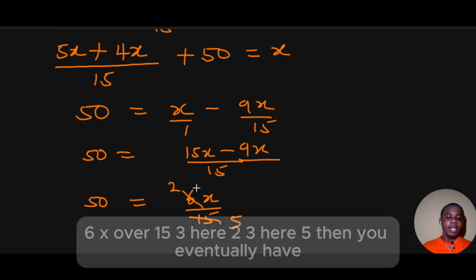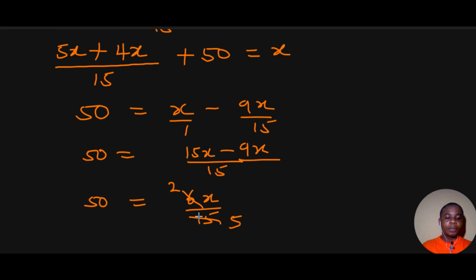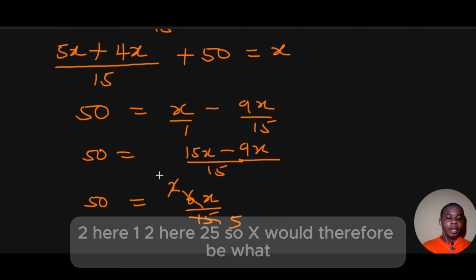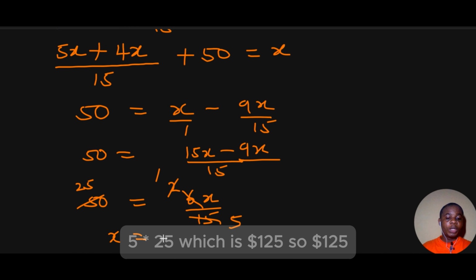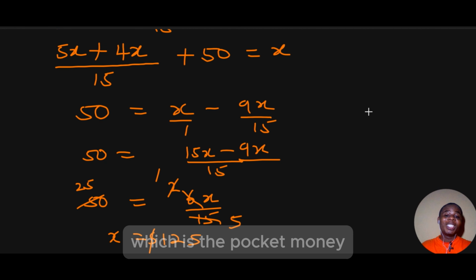Then you eventually have 2x over 5 equals 50, so x over 25. So x would therefore be what? 5 times 25, which is $125. So $125, that's what it took to the market, which is the pocket money.